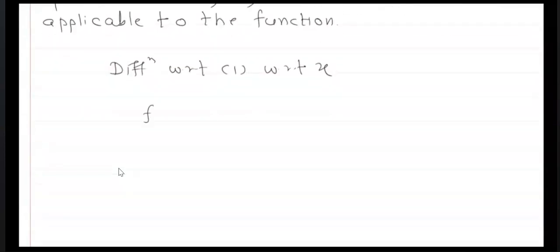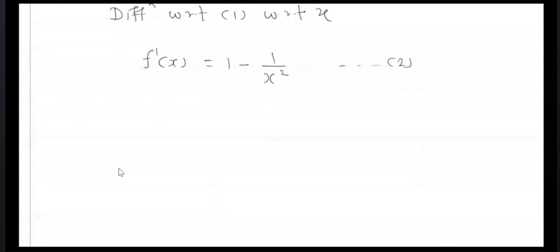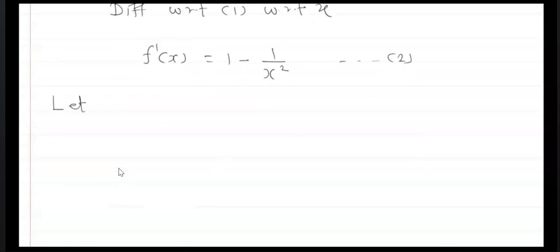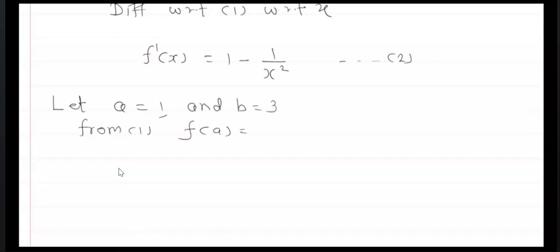Now differentiate the function with respect to x. F dash of x is equal to 1 minus 1 upon x square. Next, let a is equal to 1, b is equal to 3.